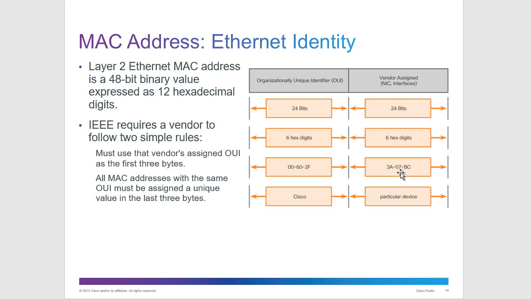So the example we have here is Cisco would have been assigned this organizationally unique identifier. They'd put that on their devices, and then on the different devices they make, to separate them from each other, they'd assign these last 24 bits, or last 3, I guess, hexadecimal values to the MAC address. So that's how MAC addresses are made.